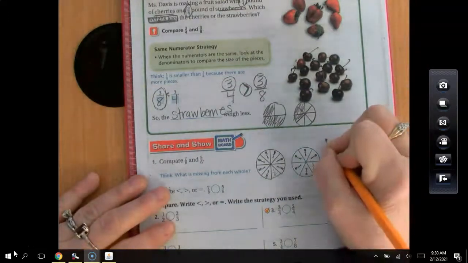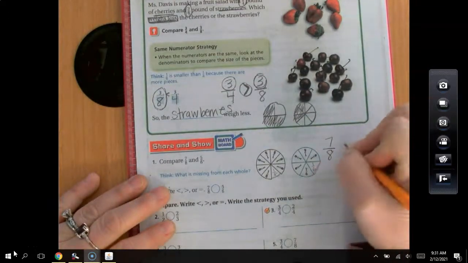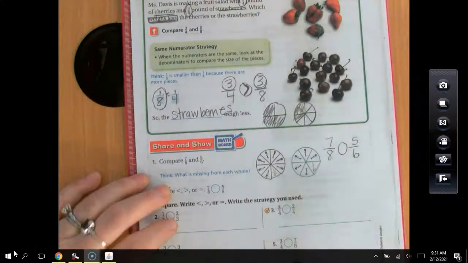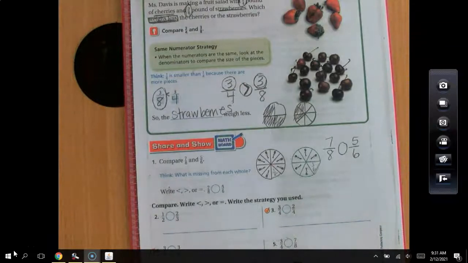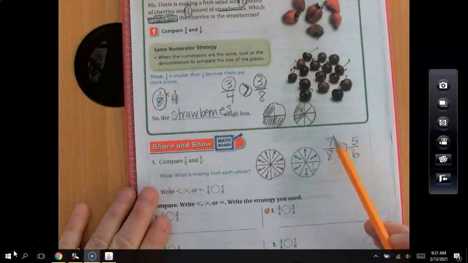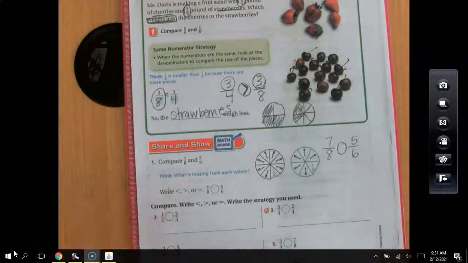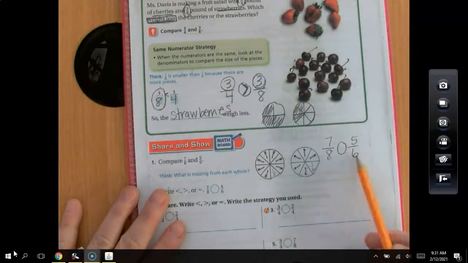Now, I told you I like to rewrite my problems. Okay, you guys are all good at multiplication. So we're going to do something called cross multiply, okay? Because if I look at my fractions, do you notice anything that's the same about them? Well, let's look. Are my denominators the same?